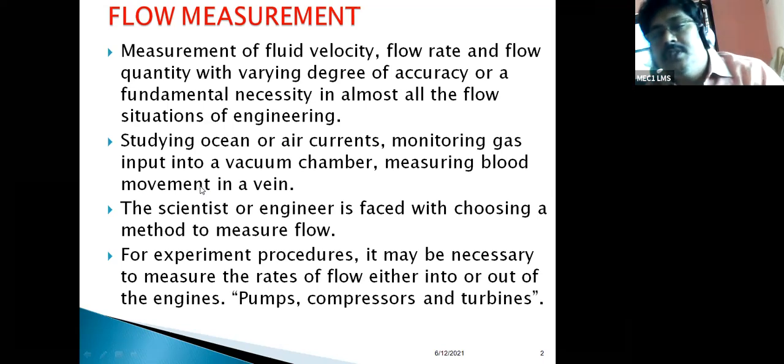The venturimeter is used to measure the discharge, also called the flow rate. Orifice meter, very good. Pitot tube, very good. You have seen these in the fluid mechanics lab, right? Any others?